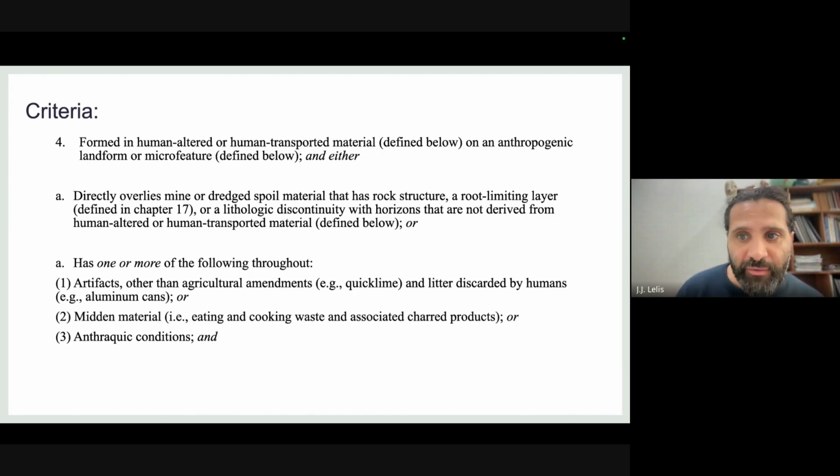These kinds of landforms are produced by humans, and because of this, you also can use them to identify the anthropic pattern. Okay.